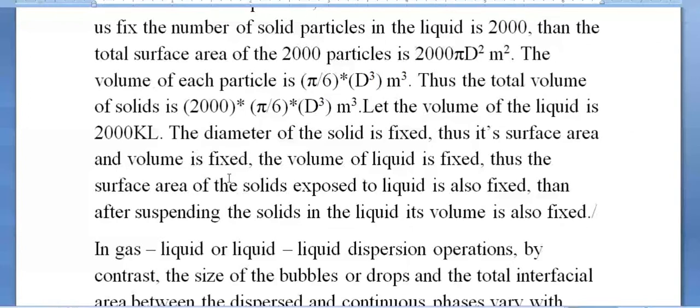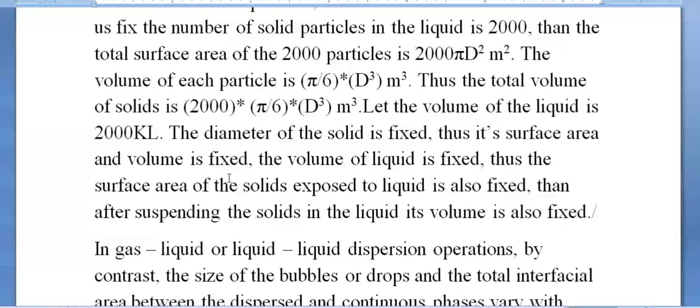If the solids are settling down, it's a very bad thing because they will be resting over one another. It will not give a better chance for the reaction to take place. So we are supposed to disperse the solids first, so that all the solids will be equally contacting the liquid. That is important.